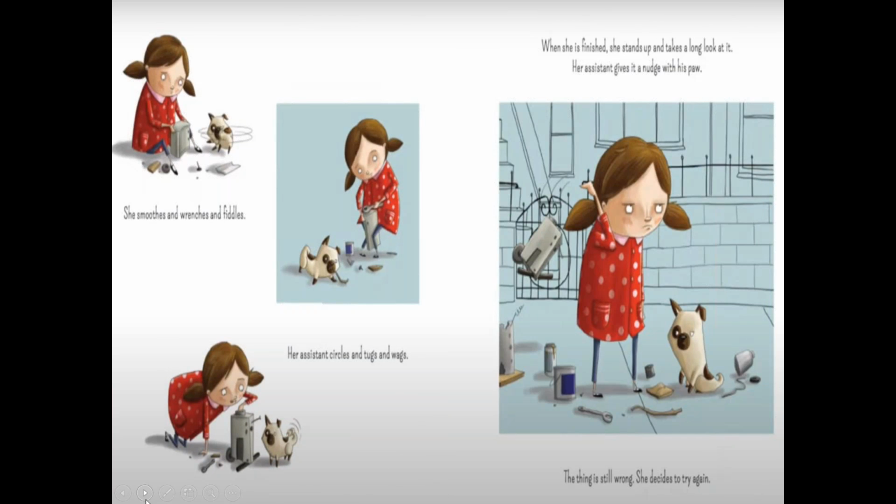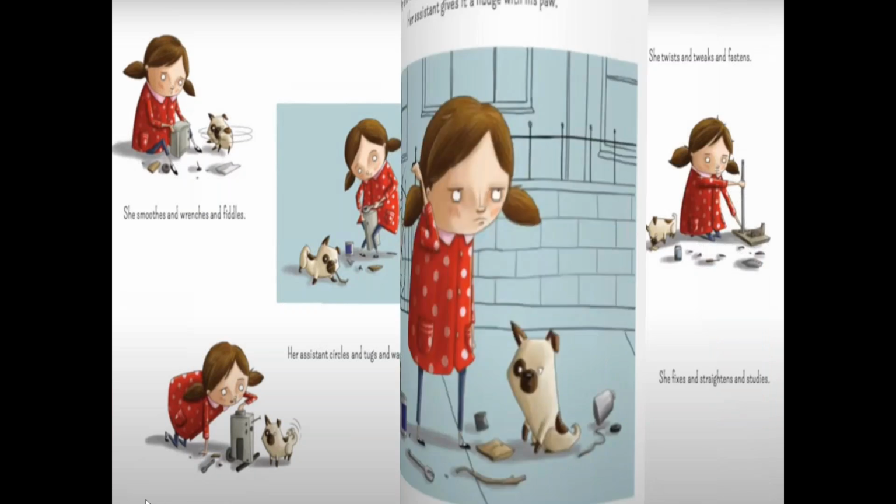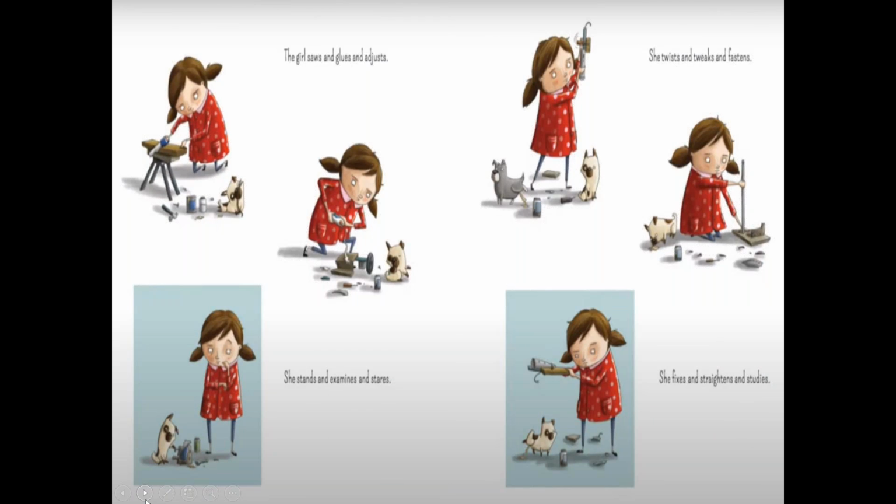She smooths and wrenches and fiddles. Her assistant circles and tugs and wags. When she is finished, she stands up and takes a long look at it. Her assistant gives it a nudge with his paw. The thing is still wrong. She decides to try again. The girl saws, glues, and adjusts. She stands, examines, and stares. She twists and tweaks and fastens.